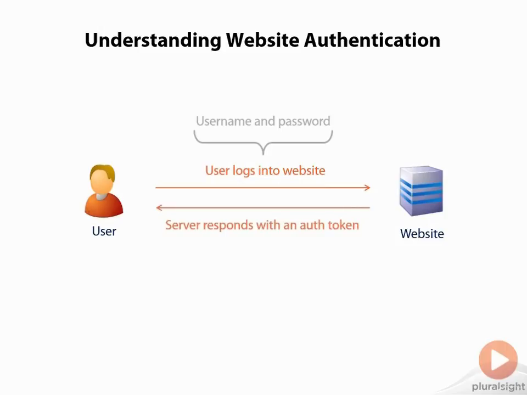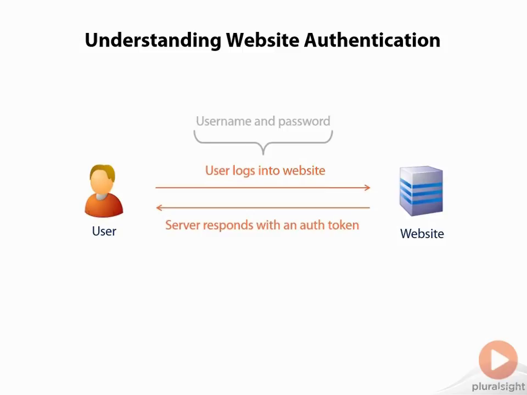Now, I talked about these tokens quite extensively in the Hack Yourself First course, and I've also spoken about them at length in the OWASP Top 10 for .NET Developers course. And they keep coming up because auth tokens are absolutely essential components of a website authentication scheme.